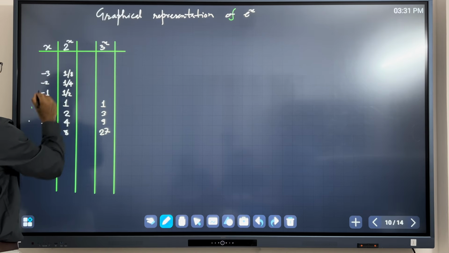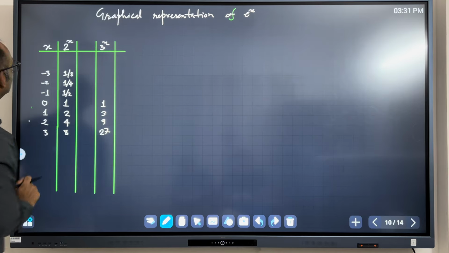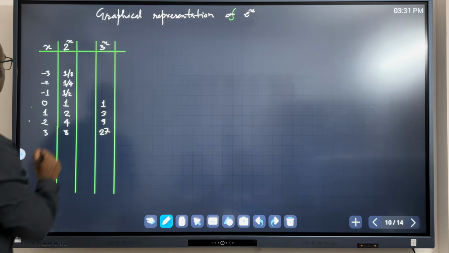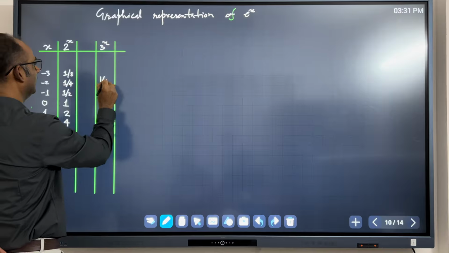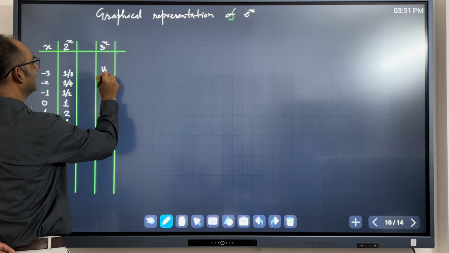So 3 power minus 1 is 1 over 3, that is 1/3. And this is 1 over 9. This is 1 over 27.